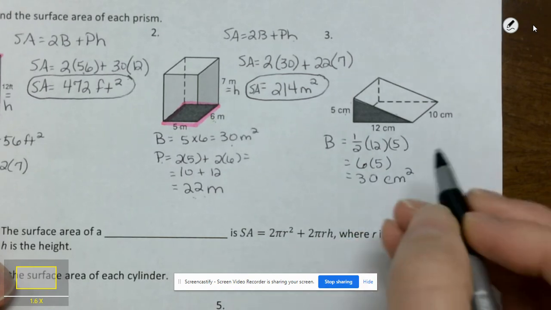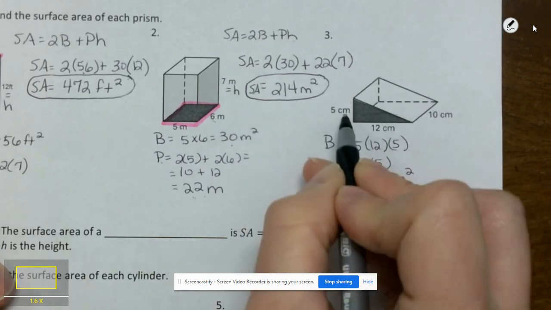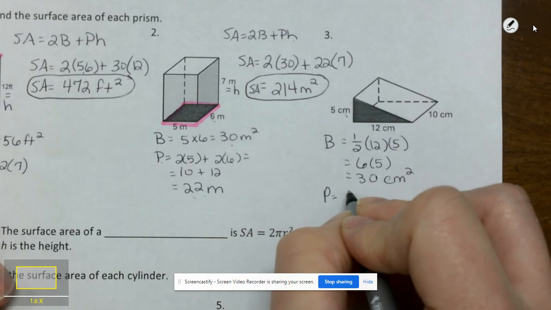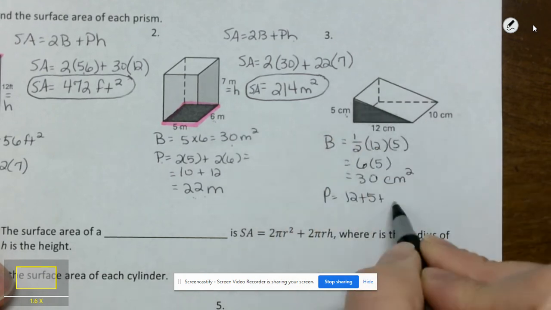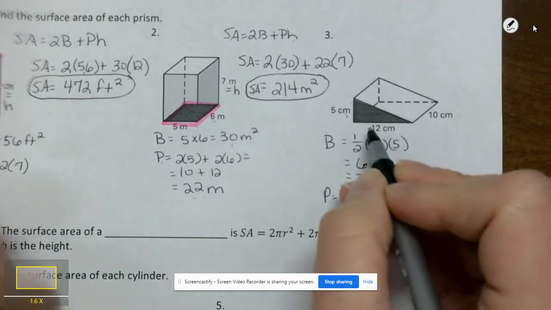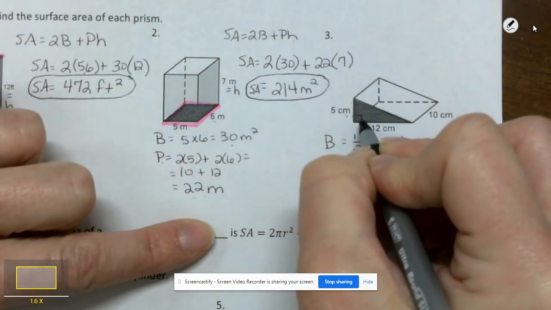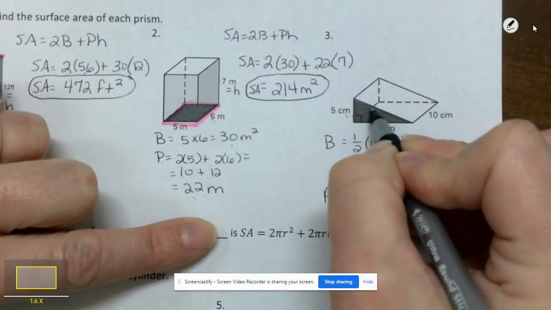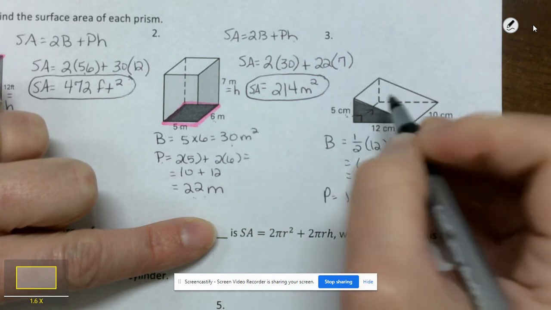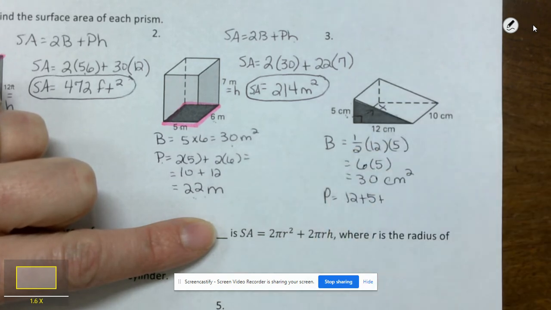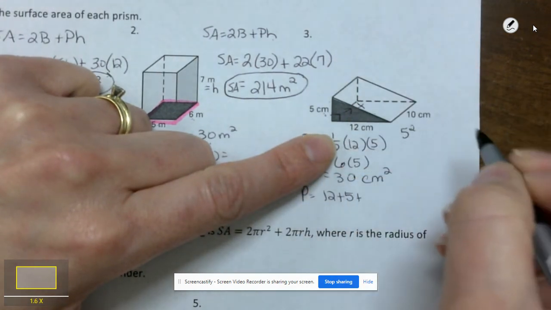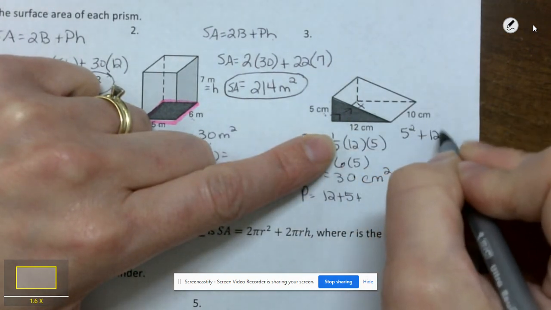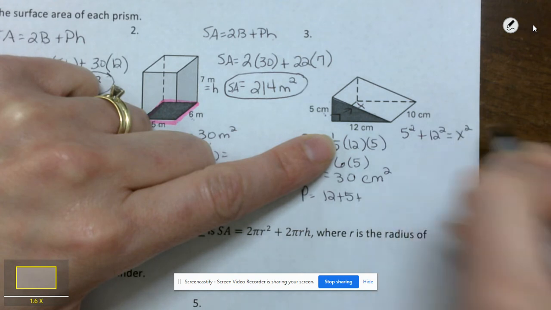Now the perimeter is what we're going to have to work on, because we know the 5 and we know the 12, but we need to find this side so we can add it in. This is a right triangle, which means this side is the hypotenuse. So this x that I'm looking for is the hypotenuse. I can take 5 squared plus 12 squared, and it has to equal that hypotenuse squared.